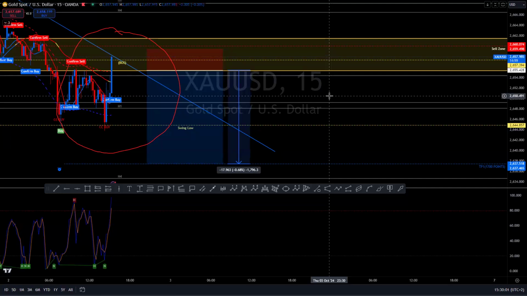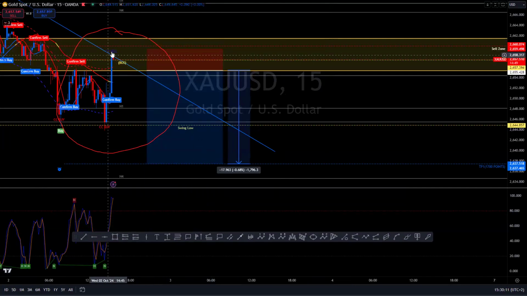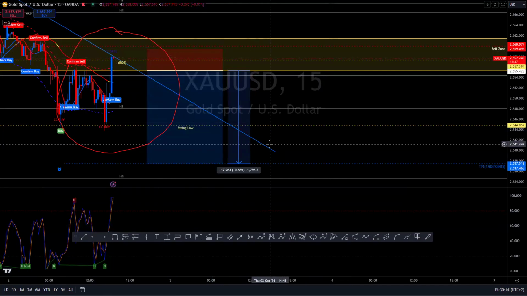Now the 9:30 candle is closing. So let's see. You have the cheat code sell signal here. We're going to want to wait for a bit.